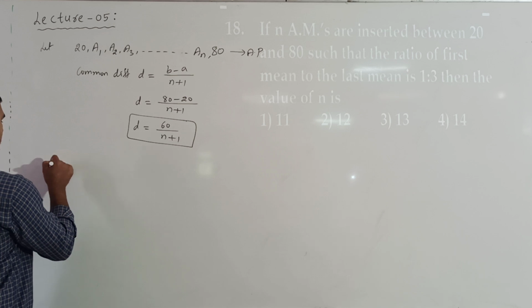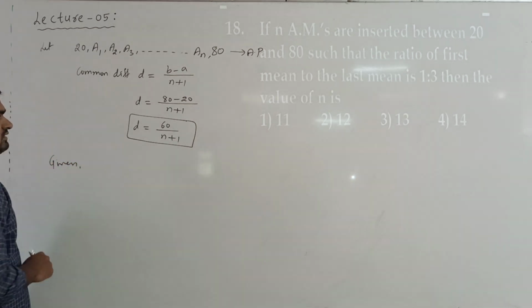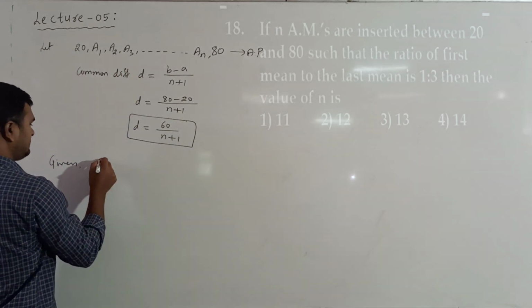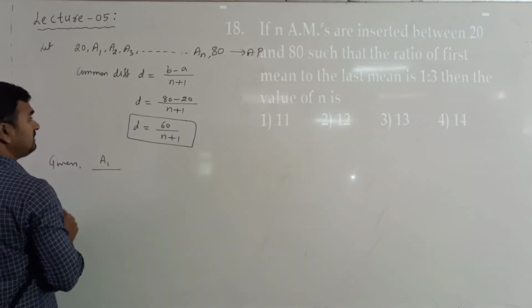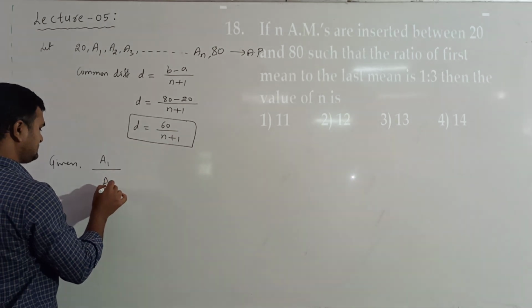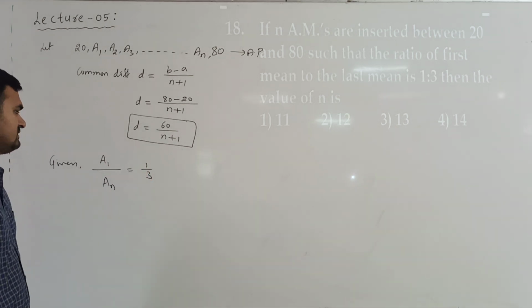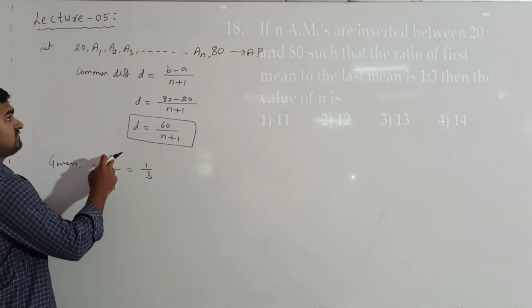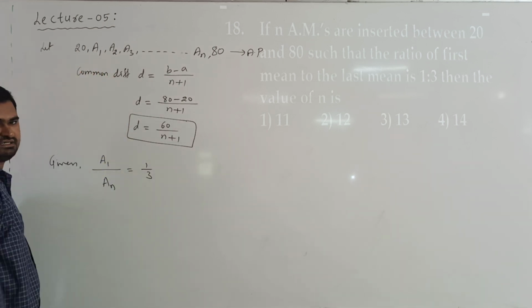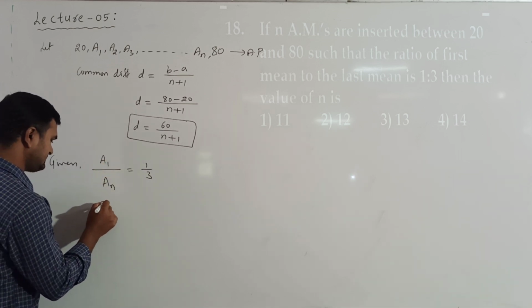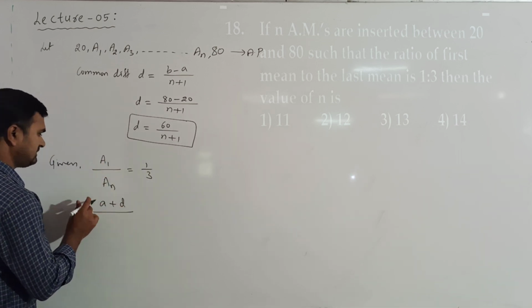So what is the ratio given? The given ratio is the ratio of the first mean, A1, divided by the last mean, AN. It is 1:3. Now solve this. What is A1? A1 is the second term of the AP, so it is a plus d.